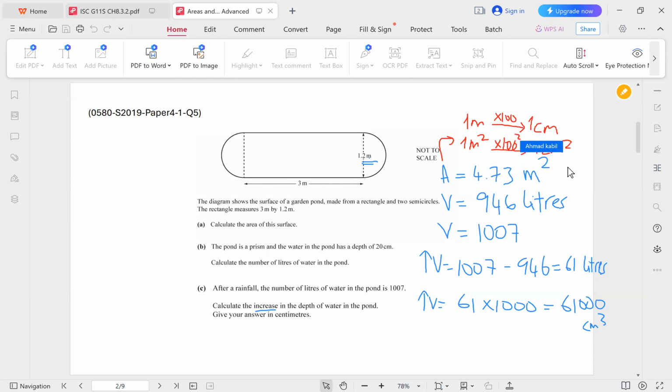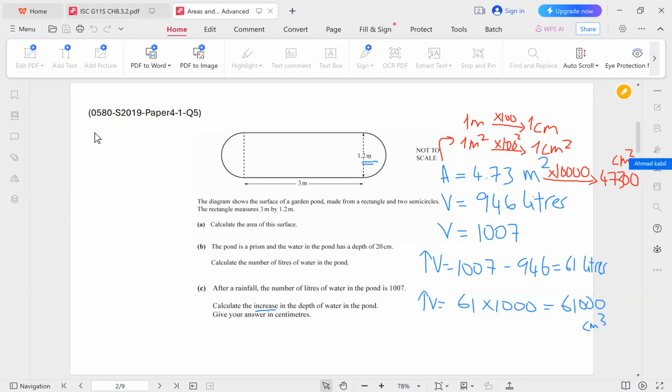So we multiply here by 10,000 in order to get the area. 4.73 times 10,000 would be 47,300. This would be the area in centimeters squared.